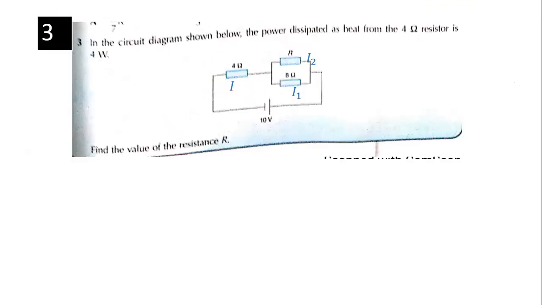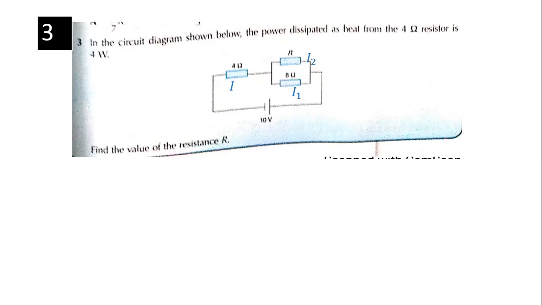So number 3, I don't know, sir. In the circuit diagram shown below, the power dissipated in the 4 ohm is that. Find the value of the resistance R and 8R.